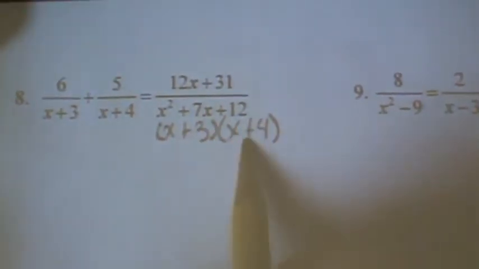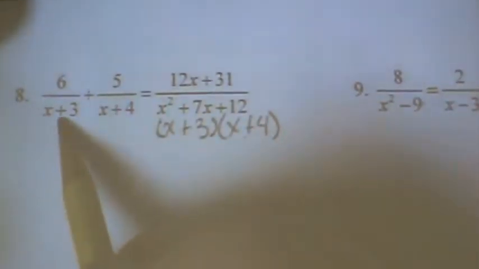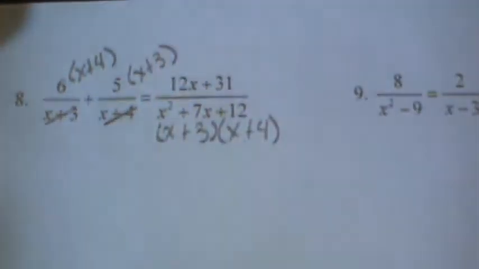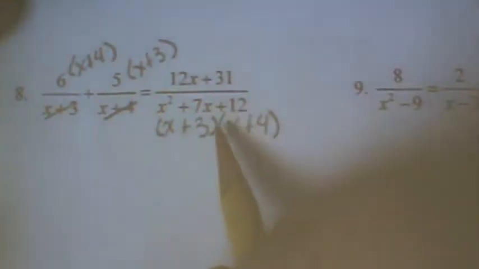When we multiply through by x plus 3 and x plus 4, here the x plus 3's will cancel out and you'll be multiplying just by x plus 4. Here the x plus 4's will cancel out and you'll be multiplying by x plus 3. And then here the bottom will just cancel out.